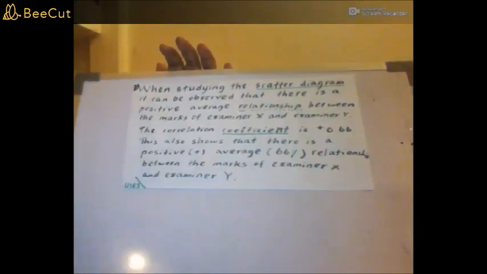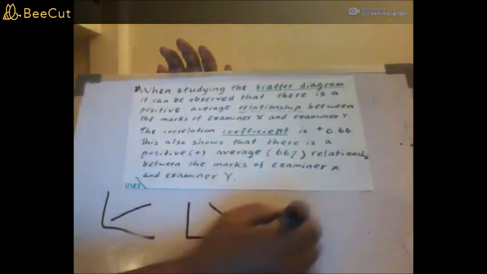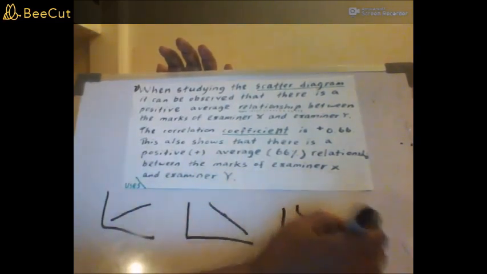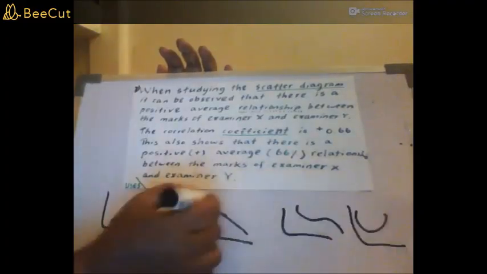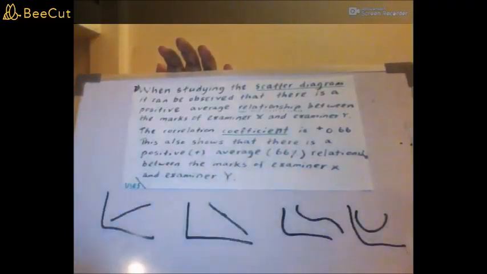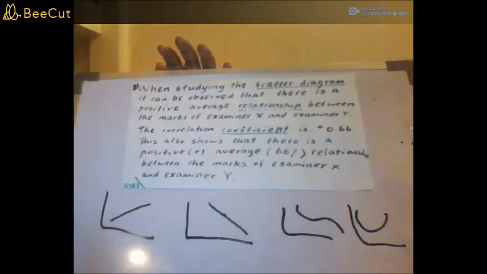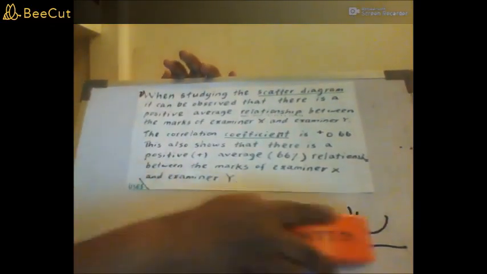Linear relationship means the relationship is a line, either this way or that way, not a curve, right? Not a curve, not like this, a linear line between two variables. According to our syllabus, we are studying two variables.